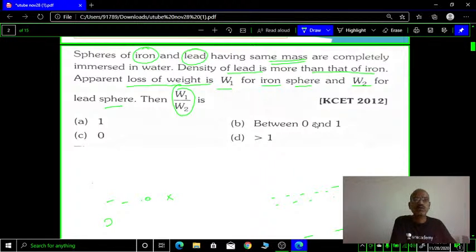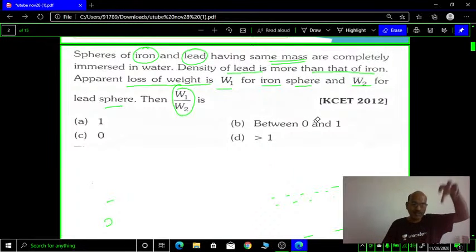So what is the apparent loss of weight W1 for iron and W2 for lead when both are immersed? Whenever any object is immersed, there is an apparent loss in weight. The key point you need to understand properly, then you will understand easily.